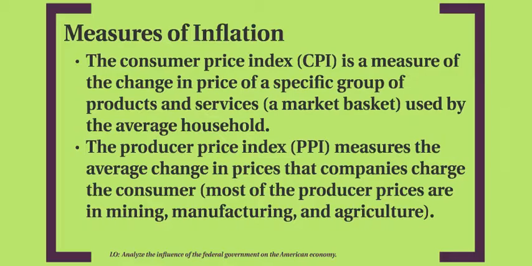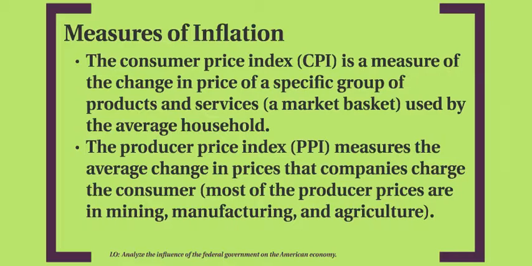Looking at measures of inflation, the Consumer Price Index, or CPI, is a measure of the change in the price of a specific group of products and services, known as a market basket, that is used by the average household. So you think of the average types of products that people are going to buy in the average household.